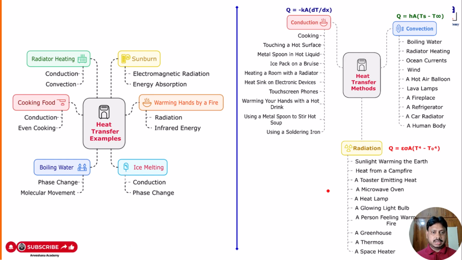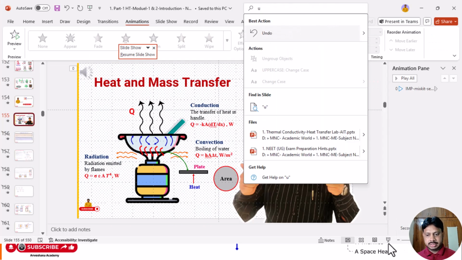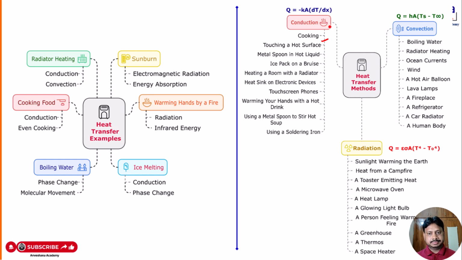Okay, now we can get n number of applications of conduction heat transfer, radiation heat transfer and convection heat transfer, which I have listed here, dear students. Cooking, for example: you can take conduction heat transfer, convection heat transfer and radiation heat transfer.